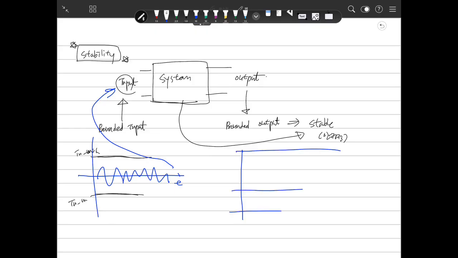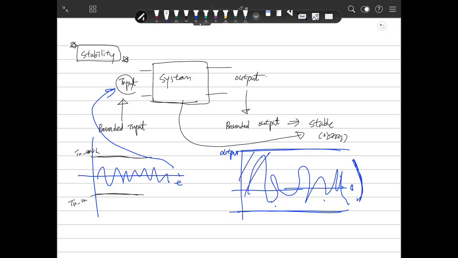Then the output has this, time, this is output. The value looks complicated, but the values are placed in a bounded range here. Then you can say the system is stable.